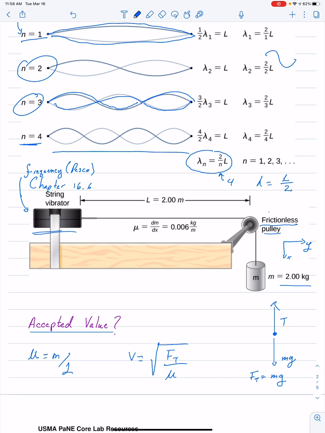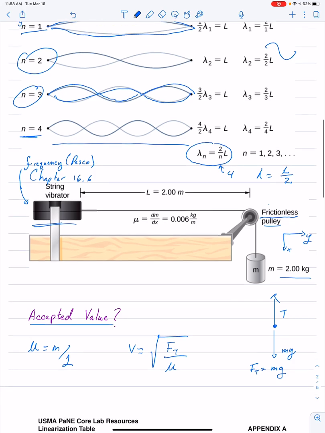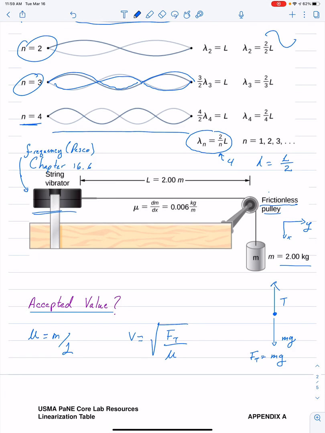Now, in order to identify the accepted value of your setup, you're going to have to weigh your string, or find the mass of the string using our scales.